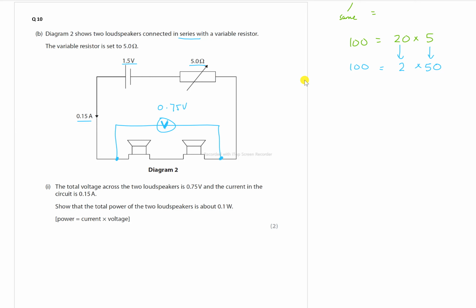Show that the total power of the two loudspeakers is about 0.1. So they've given you the formula: power equals IV, current times voltage. I remember it as PIV.